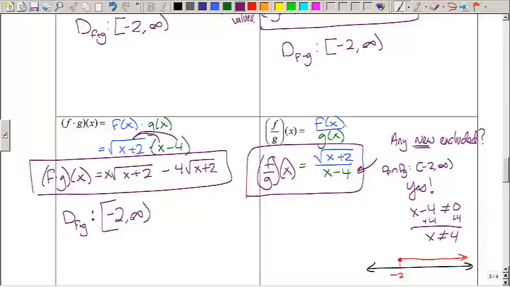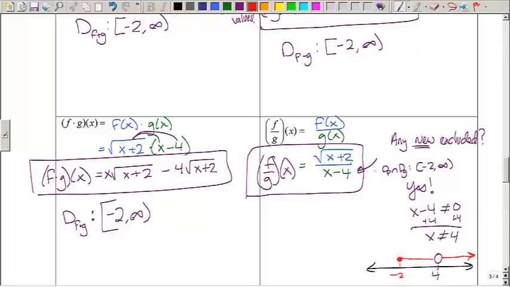But now that we've created a new function, putting g of x in the denominator, we have a problem area. x is not allowed to be equal to 4. So I'm going to come in here and punch out a little hole at 4 and only include the values that are greater than or equal to negative 2, but not equal to 4.